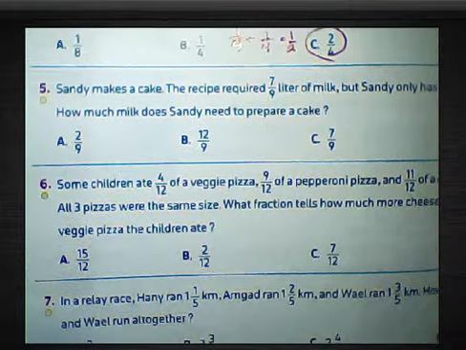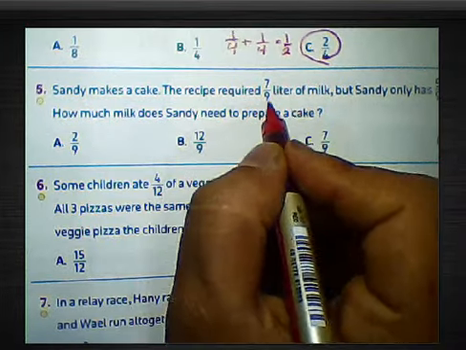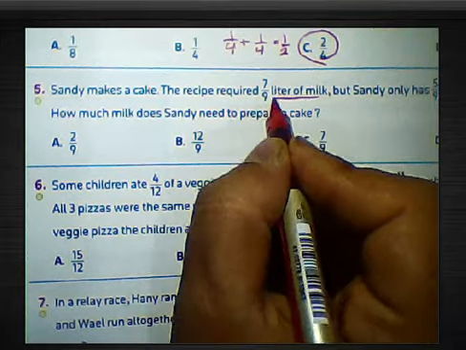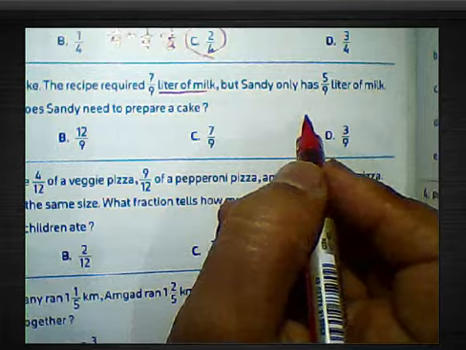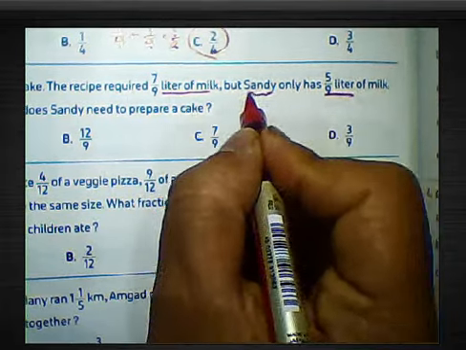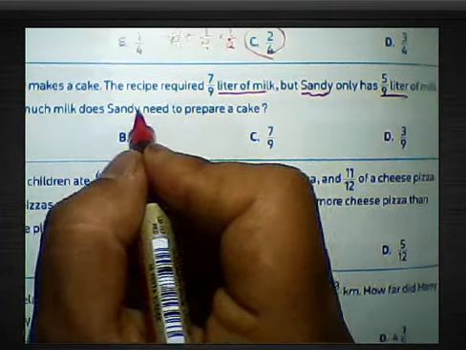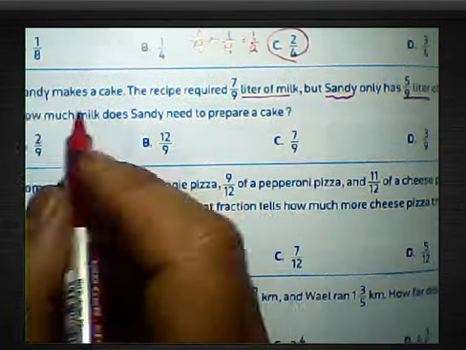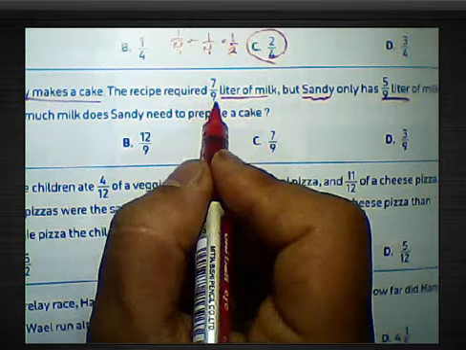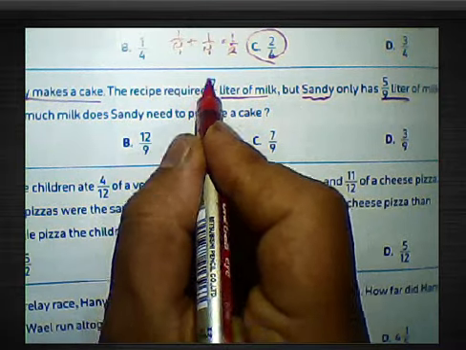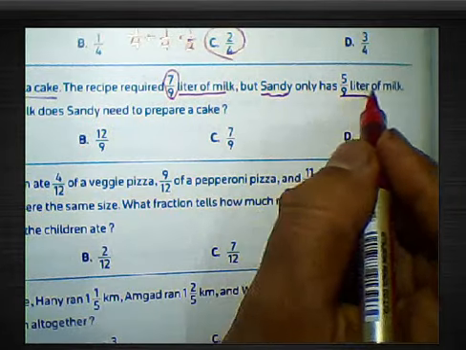Question number 5. Sandy makes a cake. The recipe requires 7/9 liter of milk, but she has only 5/9 liter of milk.